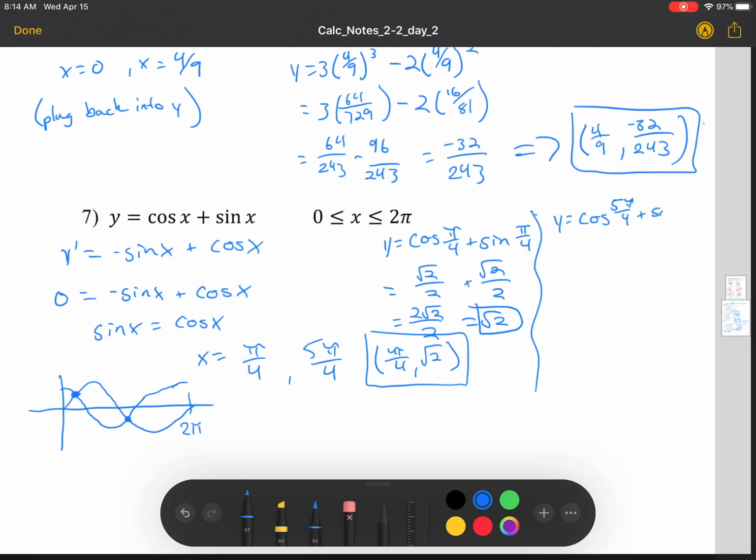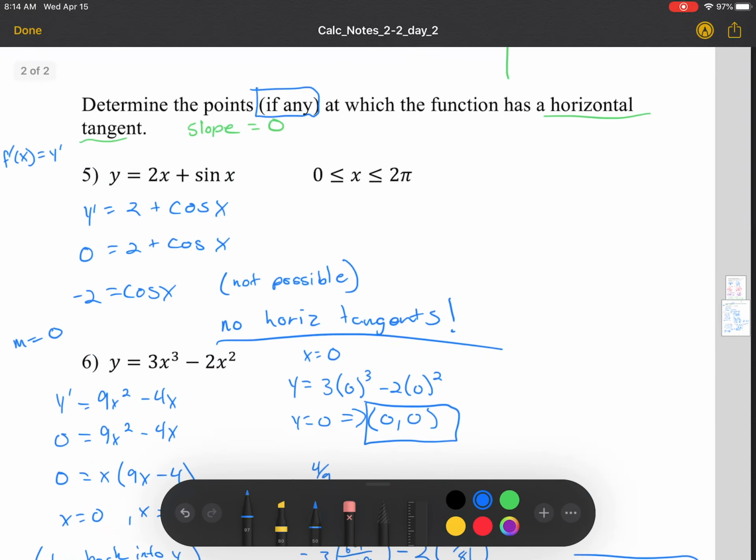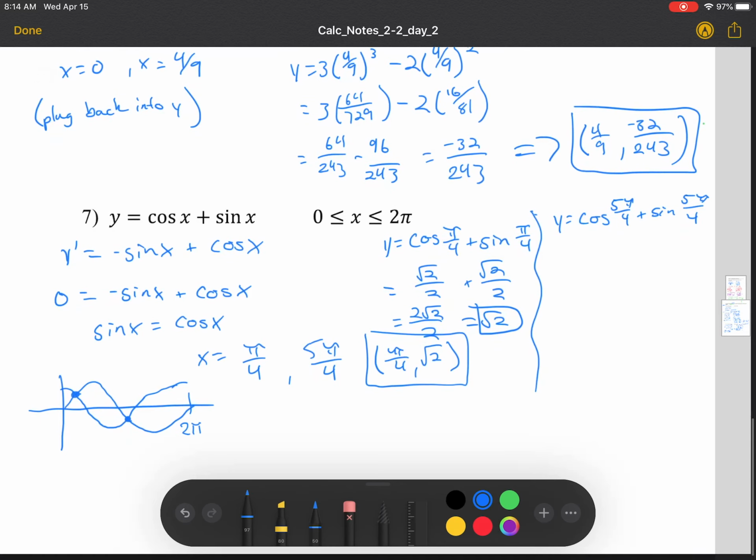The next one, we have y equals cosine of 5 pi over 4 plus sine of 5 pi over 4. Right? That's going to get us negative square root of 2 over 2, and negative square root of 2 over 2.